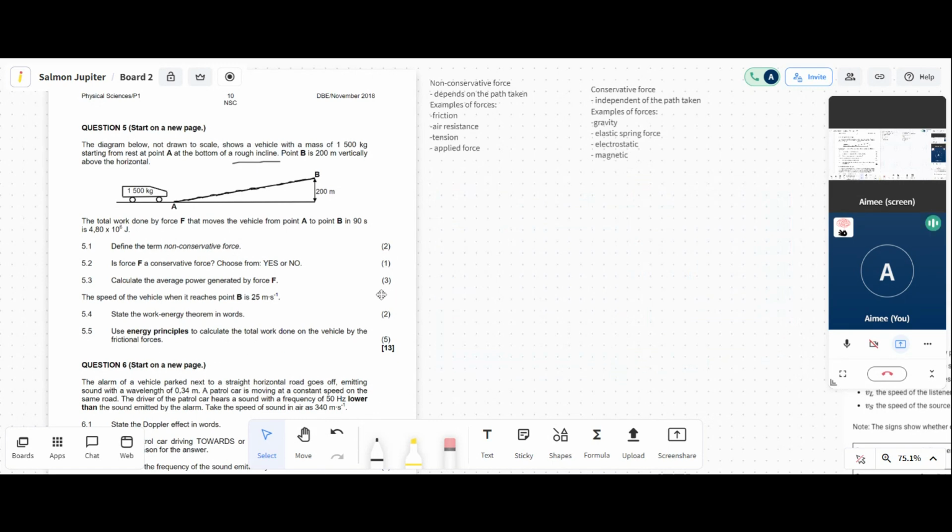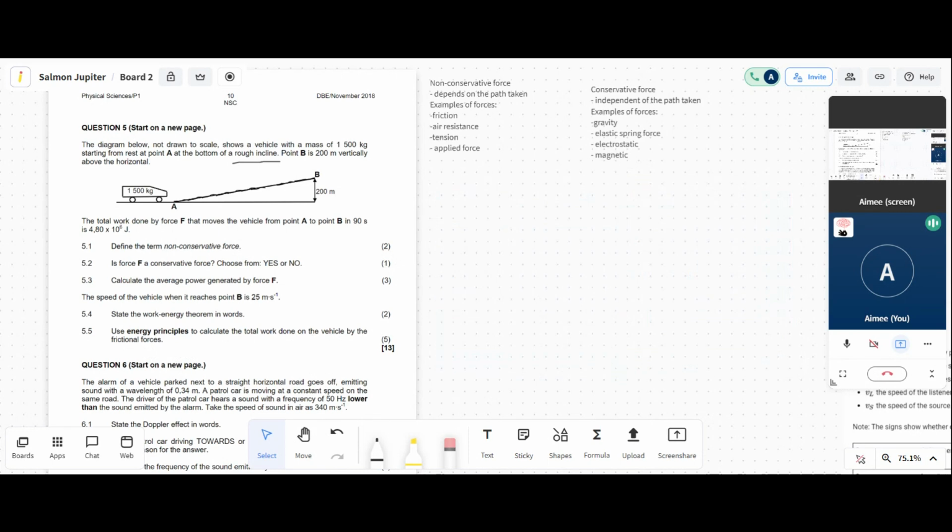And then 5.5, the final question in this section. It says, use energy principles to calculate the total work done on the vehicle by the frictional forces. Okay, when they tell you to use energy principles and they put it in bold like that, sometimes there's multiple ways that you can calculate it. You can use a variety of different formulas and you'll still get to the same answer.